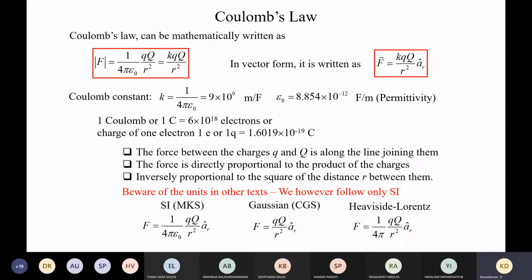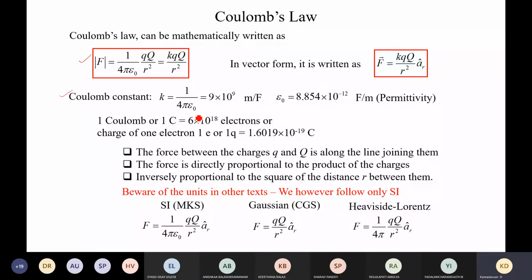The electric force is the multiplication of the charges of both bodies divided by r squared, the distance squared, with a proportionality constant often referred to as Coulomb's constant.